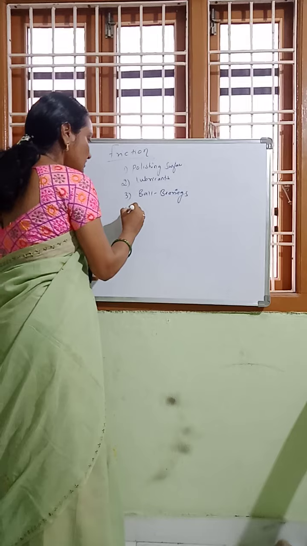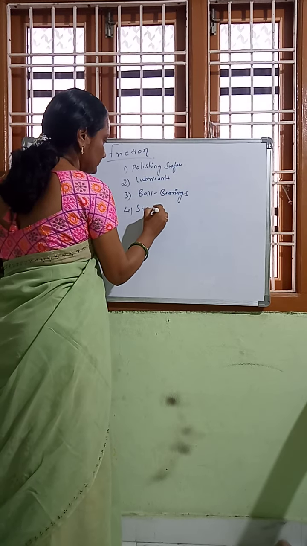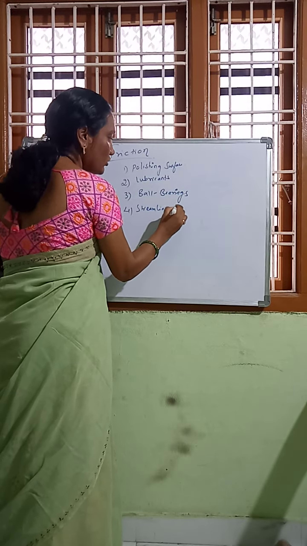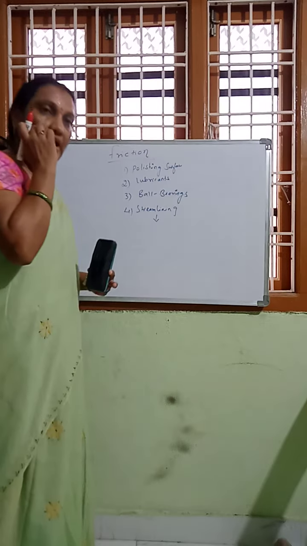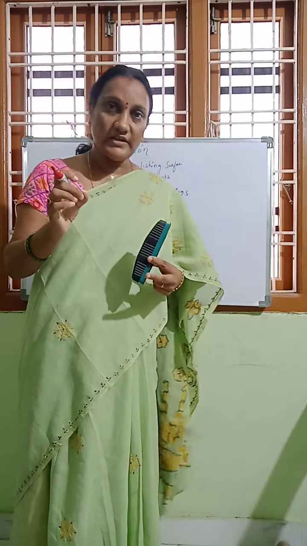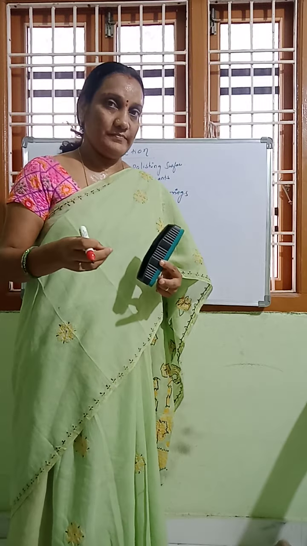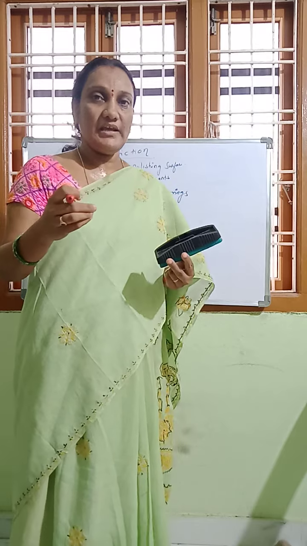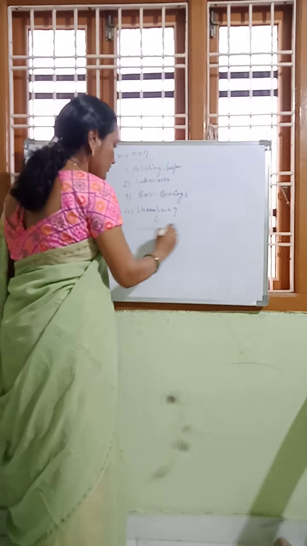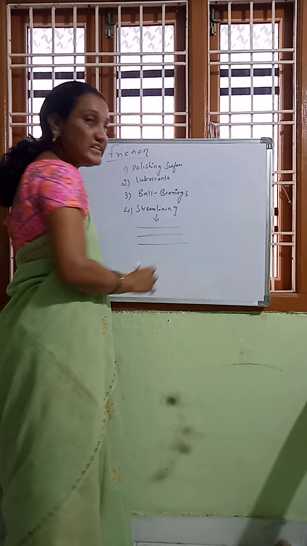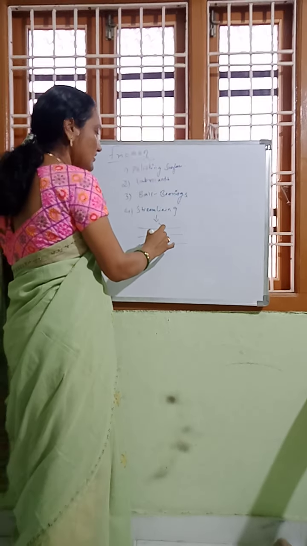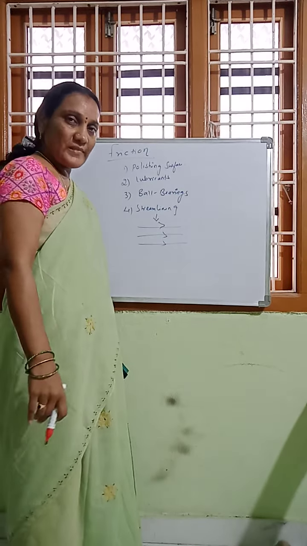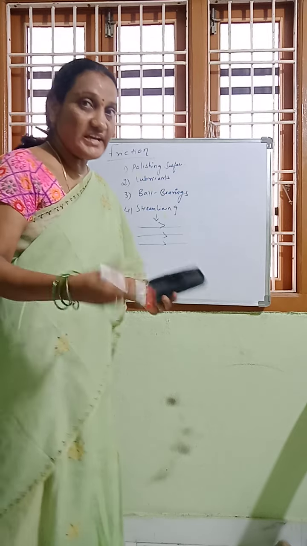Now the next one, streamlining. What is streamlining? If we take either fluid or air, we assume the fluid or air travels in the form of straight lines or curved lines. Those imaginary lines we call streamlining.